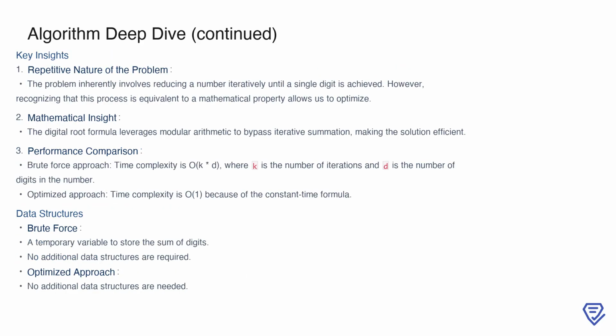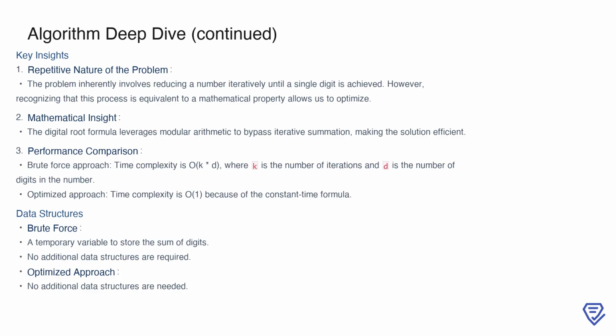This problem highlights the repetitive nature of reducing a number until a single digit is achieved. However, by recognizing the underlying mathematical property, we can bypass the iterative process entirely. The digital root formula leverages modular arithmetic to provide a constant time solution.